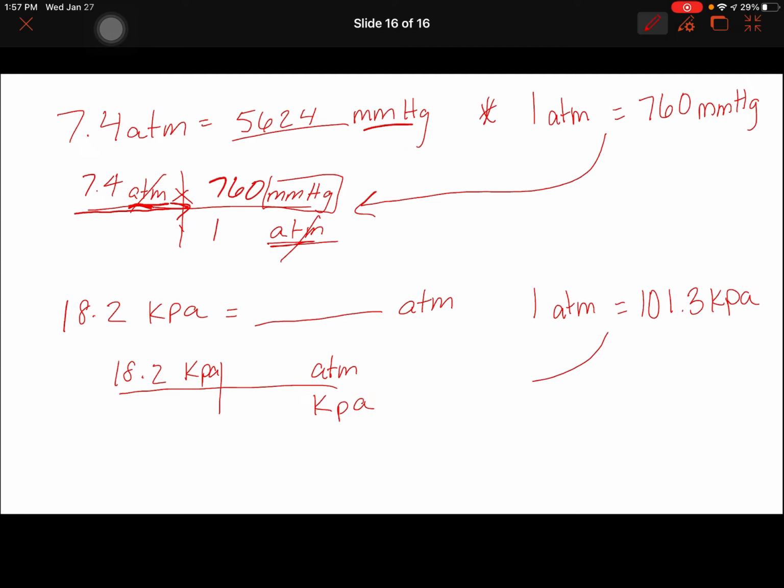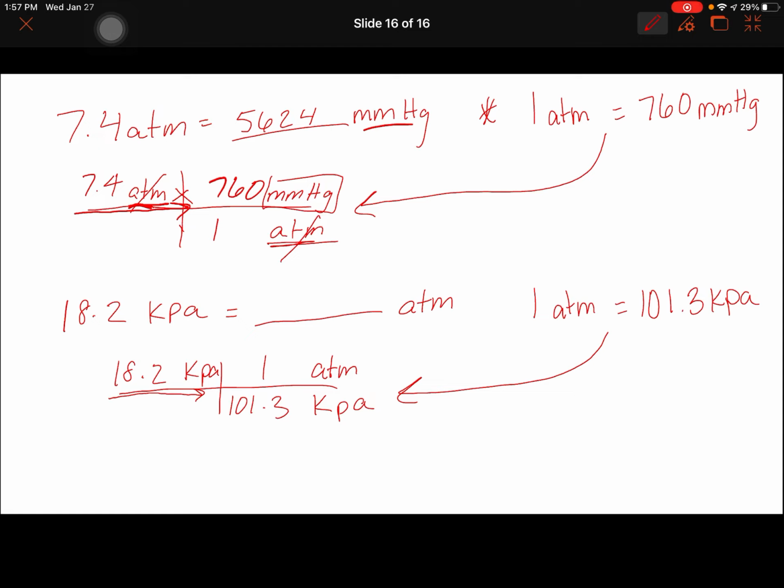So now I will fill in these conversion factors. 1 atmosphere equals 101.3 kilopascals. Since this number is on the bottom, if you read this from left to right, you will have to divide 18.2 divided by 101.3.